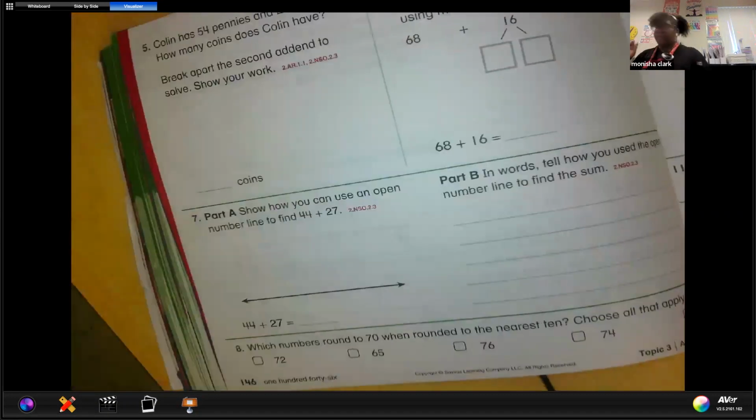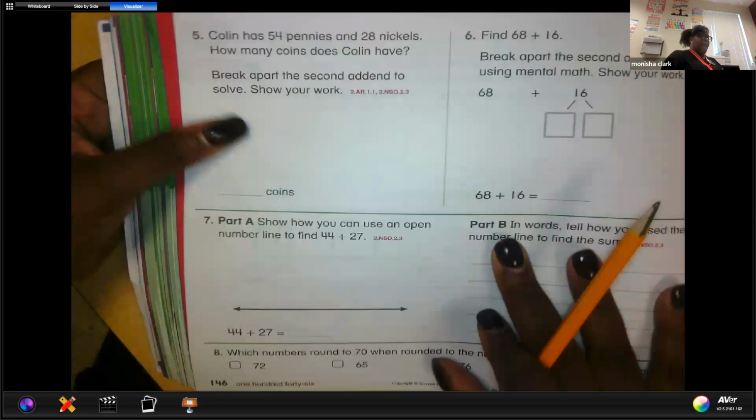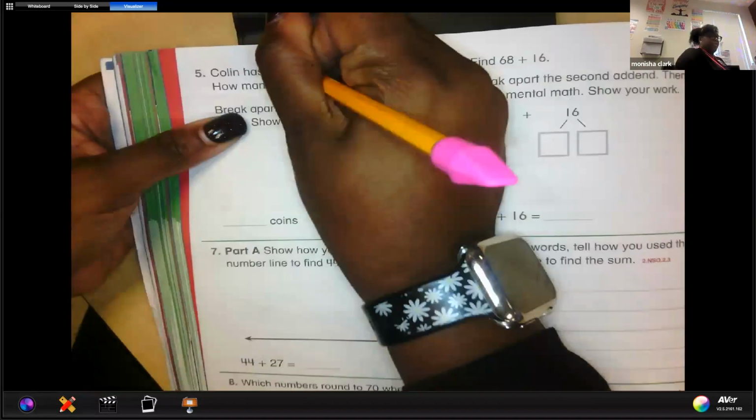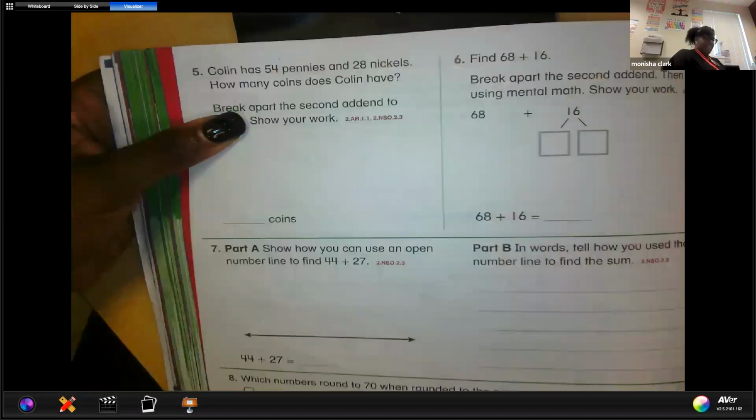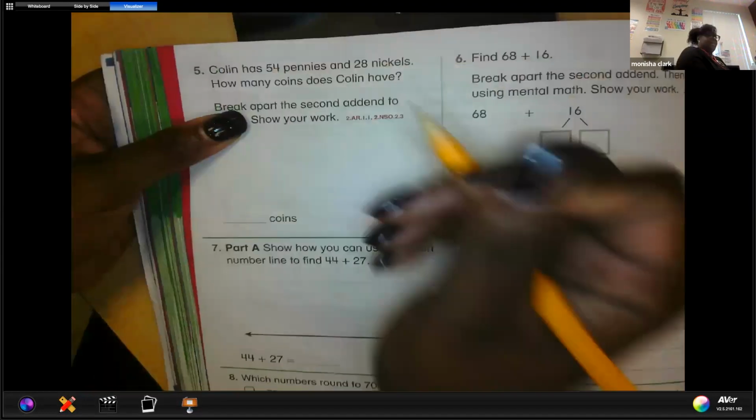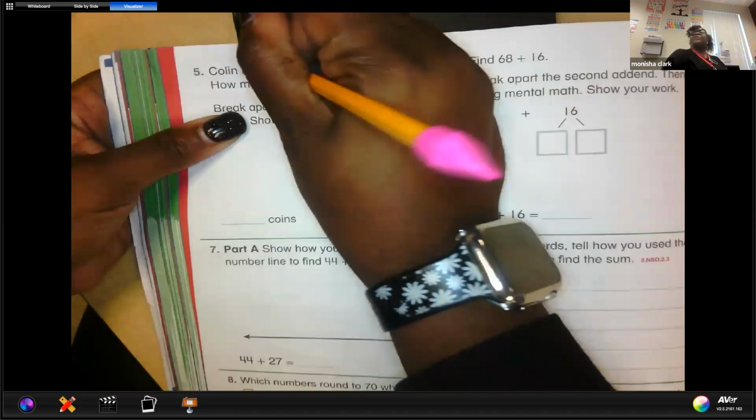Moving on. So now let's look at this next page of our review. Turn the page, we're on 146. Colin has how many pennies? 54. Circle 54, please.